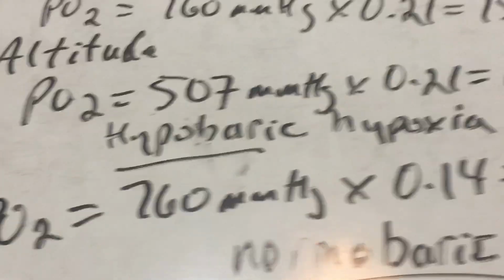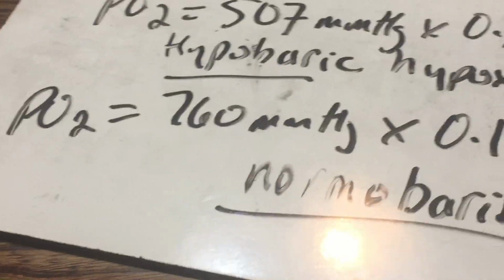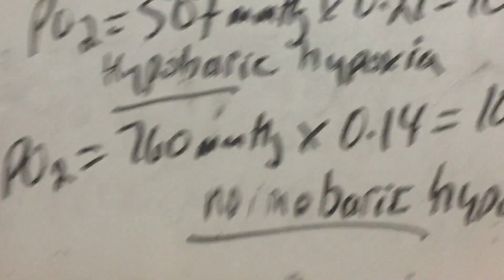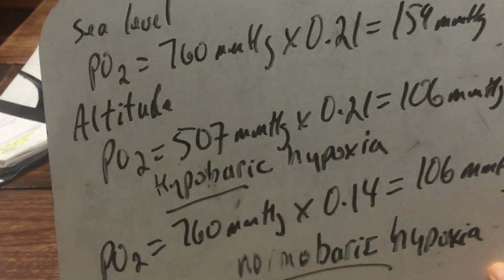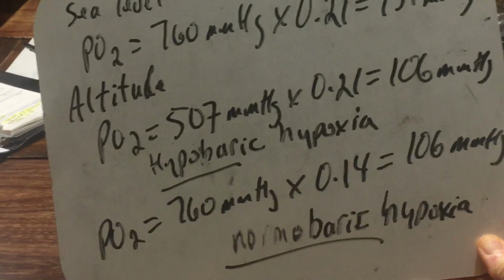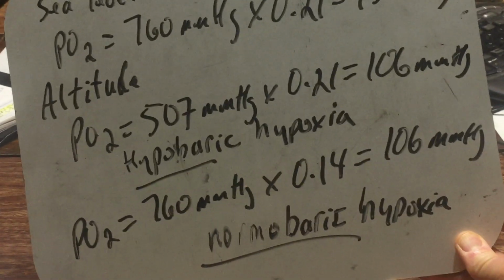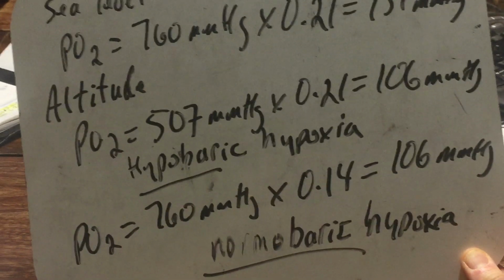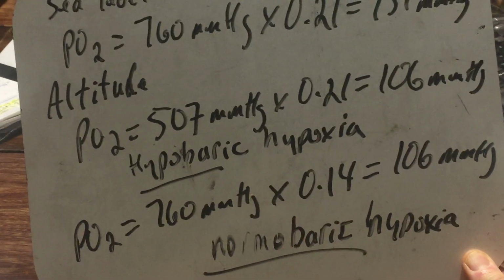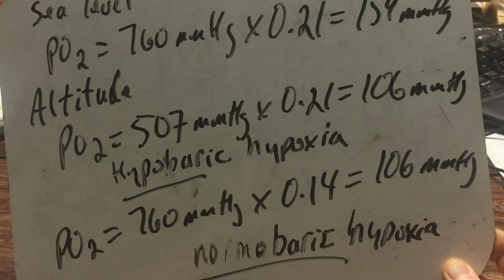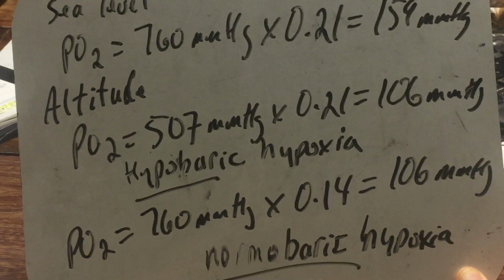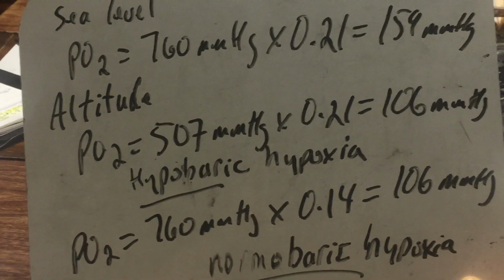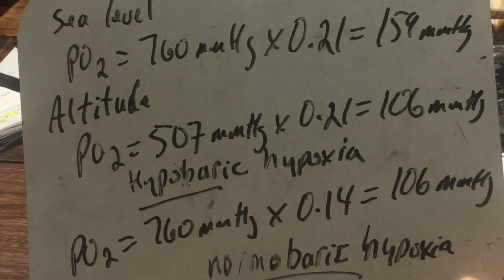So normobaric hypoxia just refers to hypoxia with normal atmospheric pressure, but you've reduced the fraction of oxygen in the air to 14%, and that's resulting in the hypoxia. So over the years, it's been assumed that when you simulate altitude this way with normobaric hypoxia, it's going to give you the same physiological responses as hypobaric hypoxia.